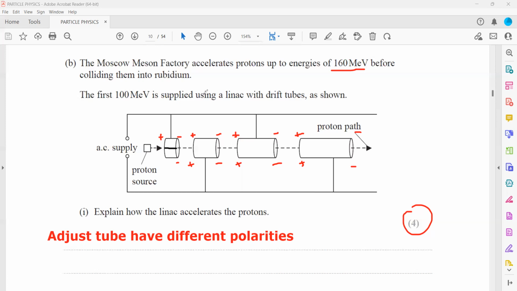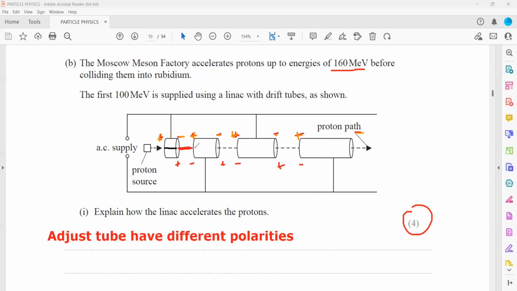But when it comes out, at that same moment, it will experience the opposite polarity. Like when it is inside, say this one is positive, negative, positive, negative. The moment this proton comes out, the polarity will change. Then it will be positive, negative, positive, negative. So the proton will accelerate between the tubes.